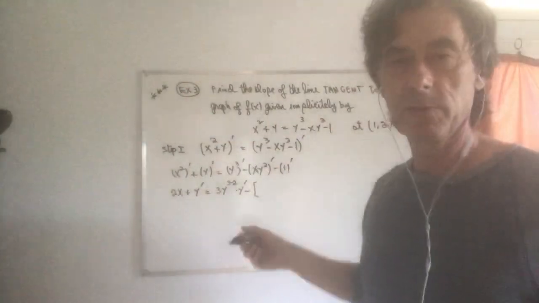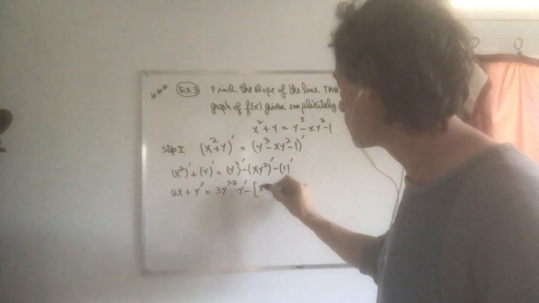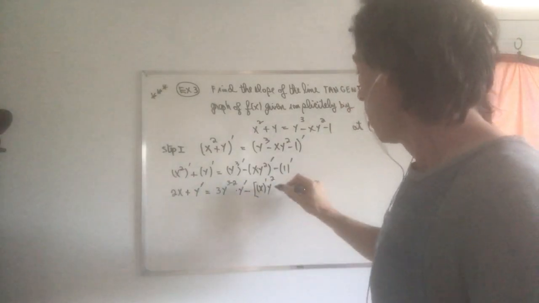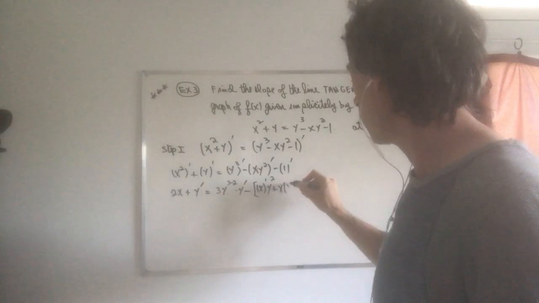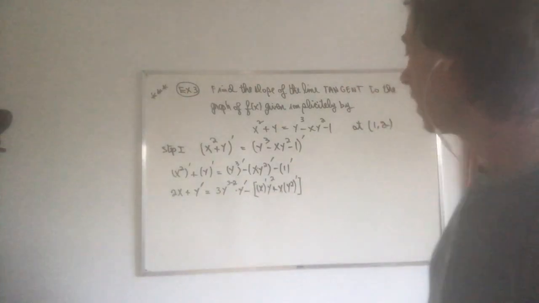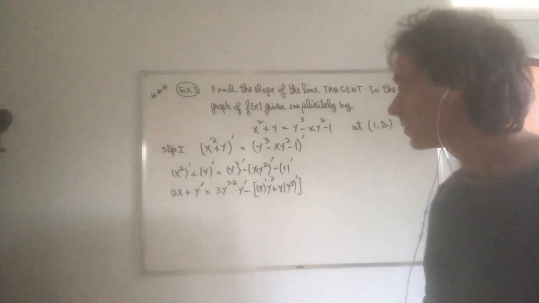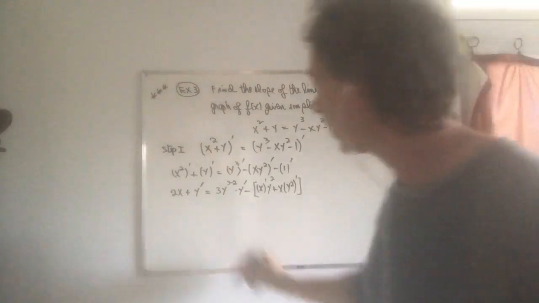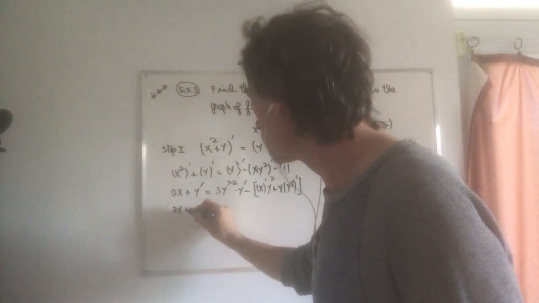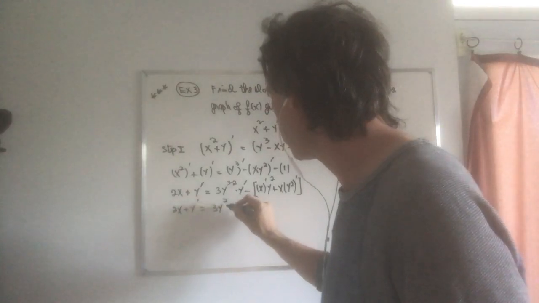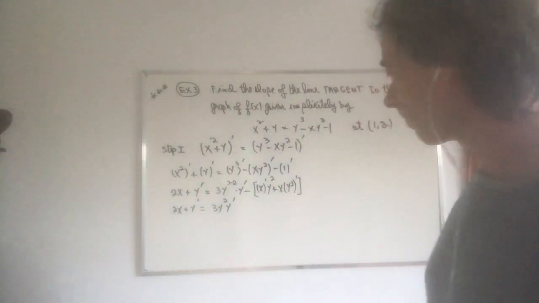So let's just redo the steps anyway. So x prime y squared plus x times y squared prime, and the derivative of 1 is 0, so I'm not even going to write it. So what do I have here? 2x plus y prime equals 3y squared y prime.